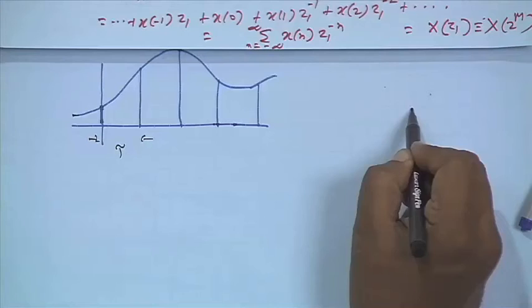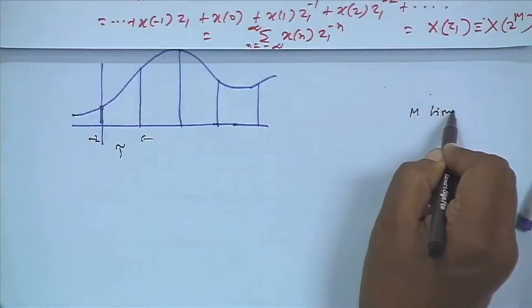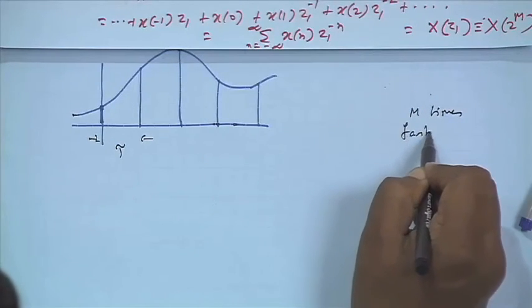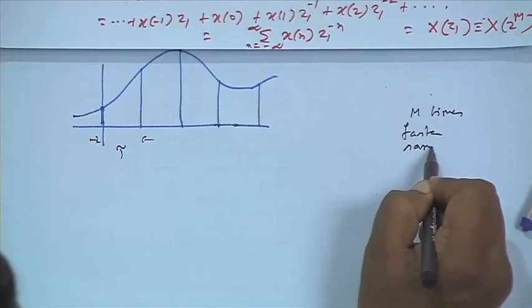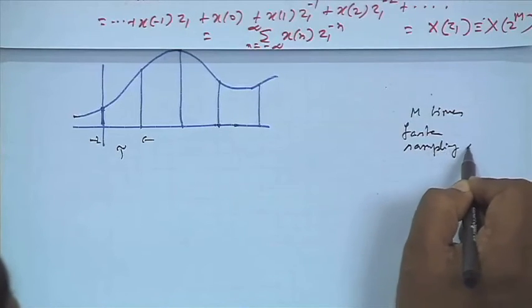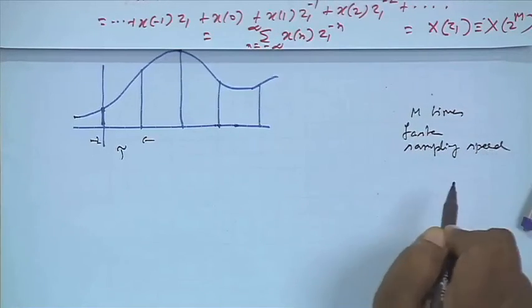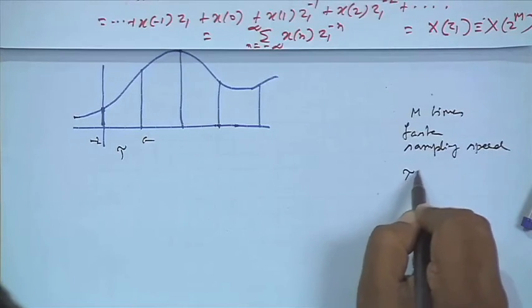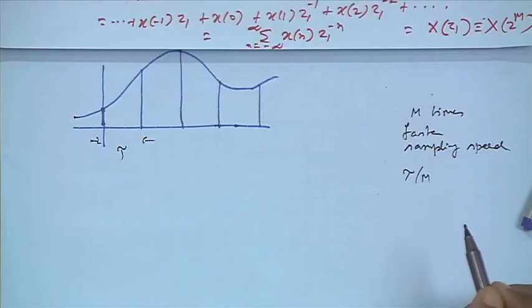Now, my question is, if I employ a higher sampling rate, of course I am doing better. Instead of falling below the Nyquist rate, I am going further above, so no question of aliasing. But suppose I had employed m times faster sampling speed, that means the sampling period would have been tau by m.